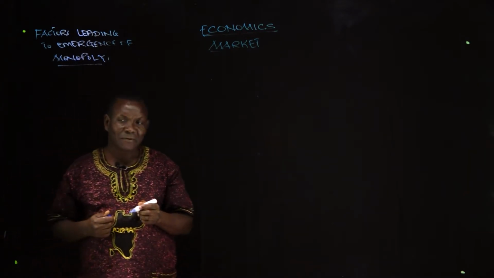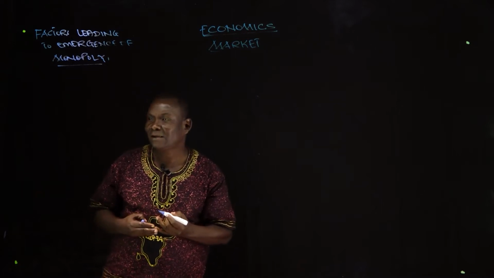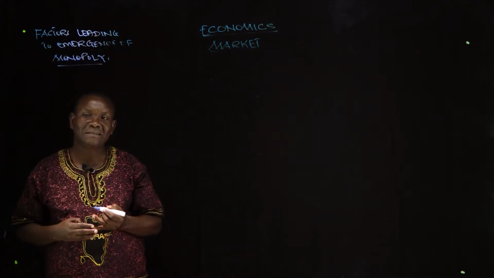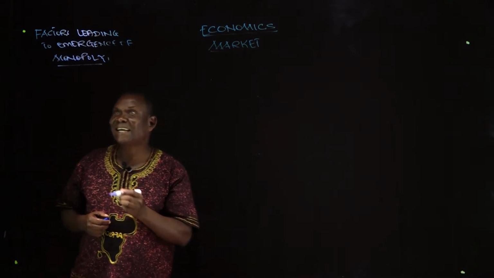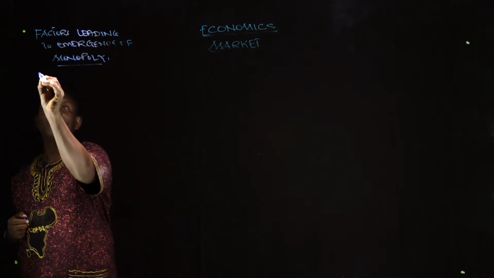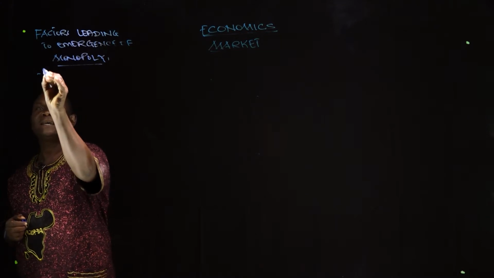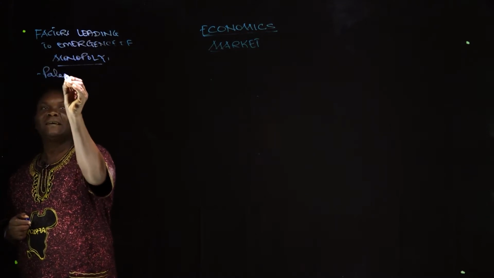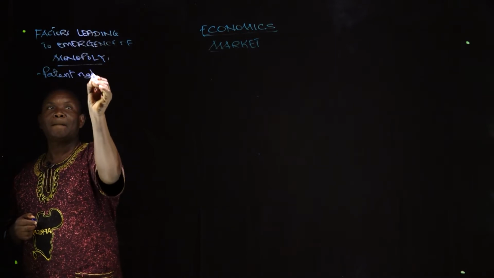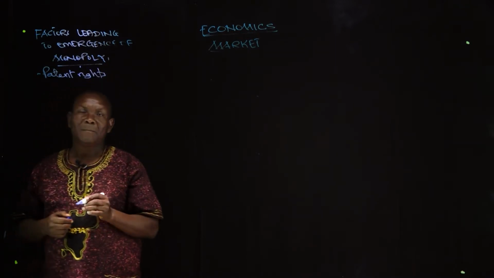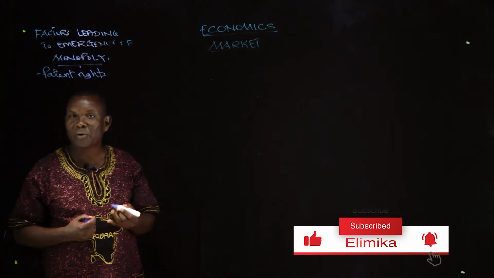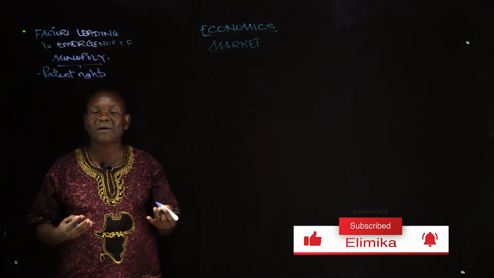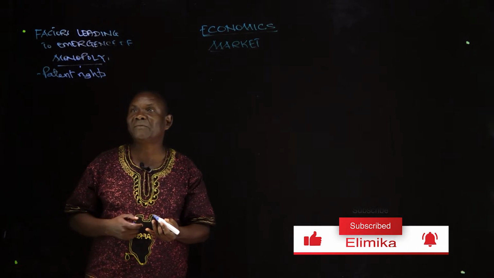Monopoly can result from either natural factors or artificial, man-made factors. One of the things that can lead to monopoly is patent rights. Patent rights are legal rights which are granted to producers of certain commodities, to be suppliers of their commodity for a given period of time.